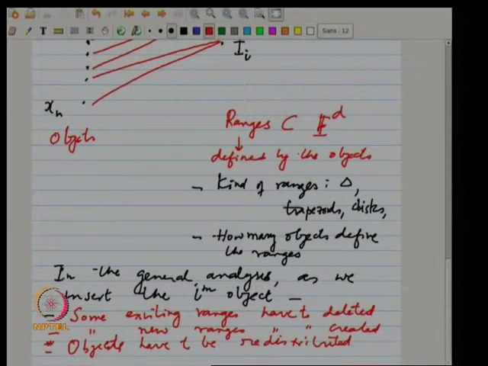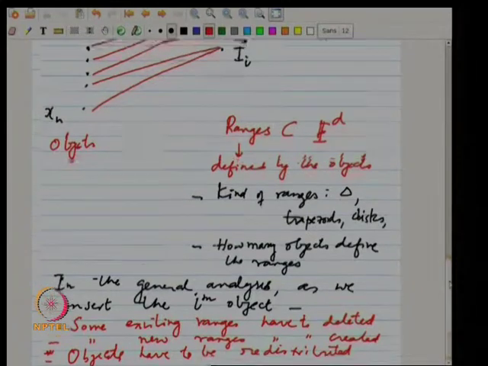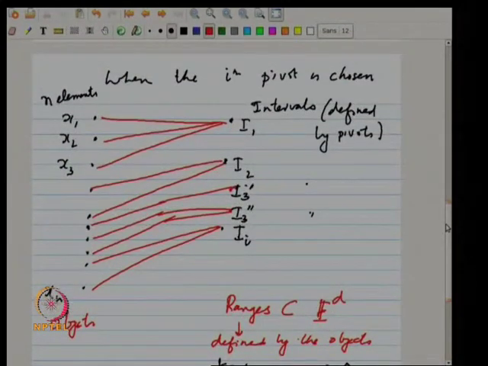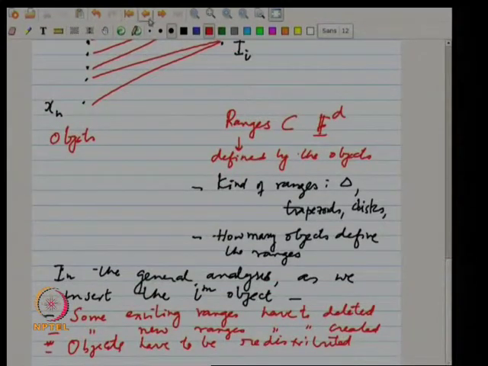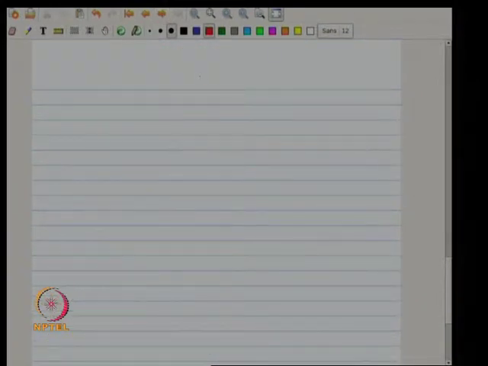But in the general case, which objects should be redistributed, if some of these ranges disappear, okay. So suppose these were some of the existing ranges, and these were the objects. Now, there is one more thing that can happen which we did not consider.